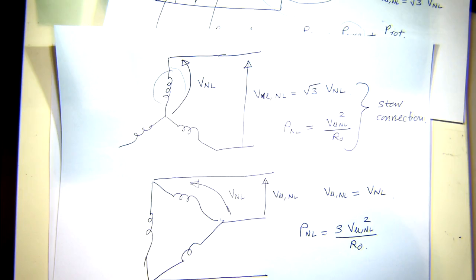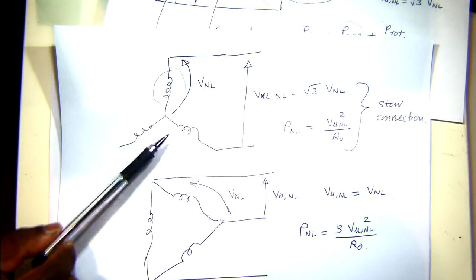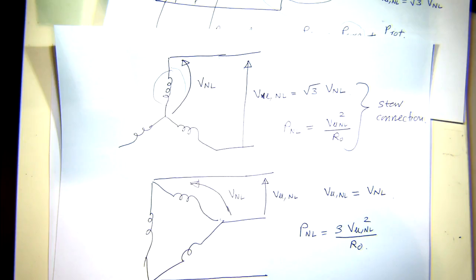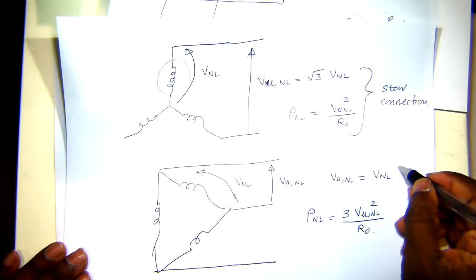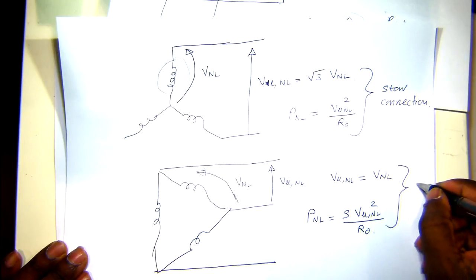So you have to mind the difference whether it's star connected or delta connected. If you stick with the phase voltage, 3 times the phase voltage squared, then it's applicable for both cases. So this is for delta connection.